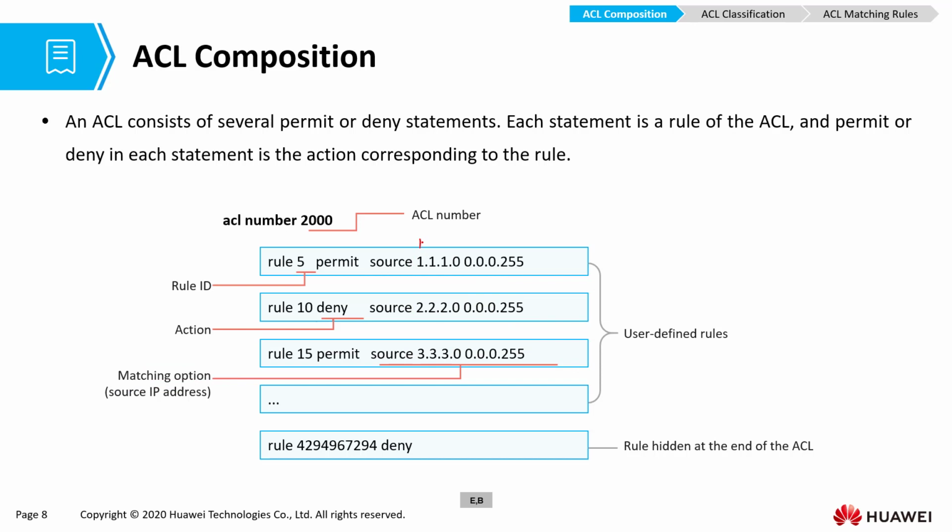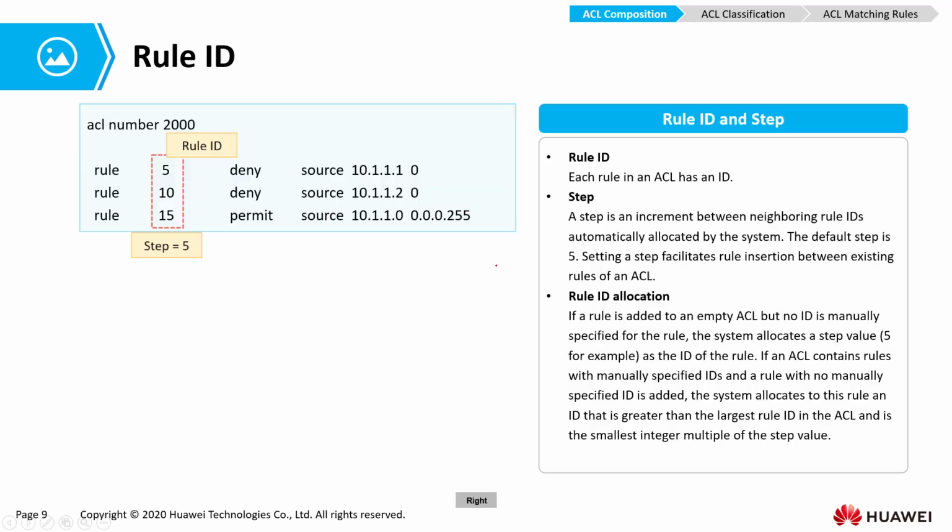So we have an IP address, and we have something else that we call the wildcard. What is the meaning of the wildcard? I'm going to talk about the meaning of the wildcard in a moment. Let me first break down the rule ID.